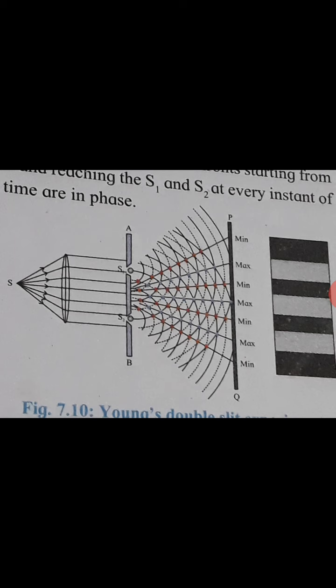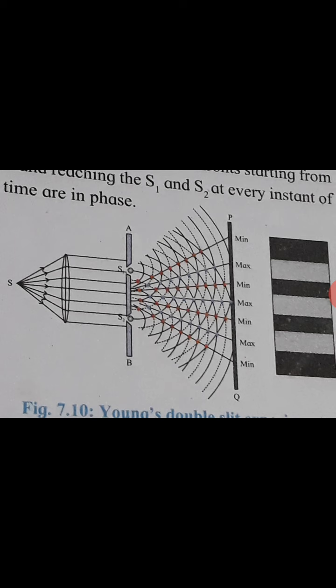When the crest of one wave coincides with the crest of another wave, the displacement will be maximum. And when the crest of one wave coincides with the trough of another wave, then the intensity will be minimum. Maximum displacement means maximum amplitude, and maximum amplitude means the intensity will be maximum, and minimum amplitude means the intensity will be minimum.